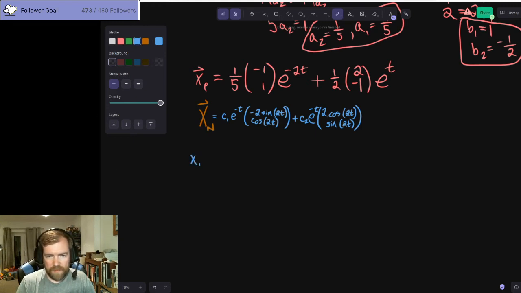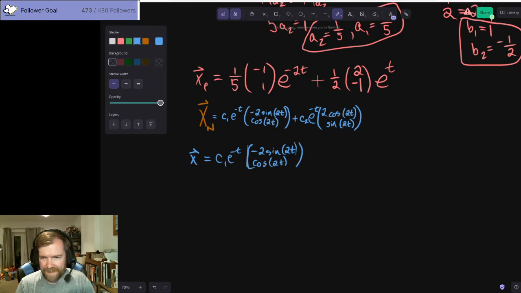It's going to be equal to C1 e to the negative t times negative 2 sin 2t, cosine 2t, plus c2 e to the negative t times 2 cosine 2t, sine 2t.